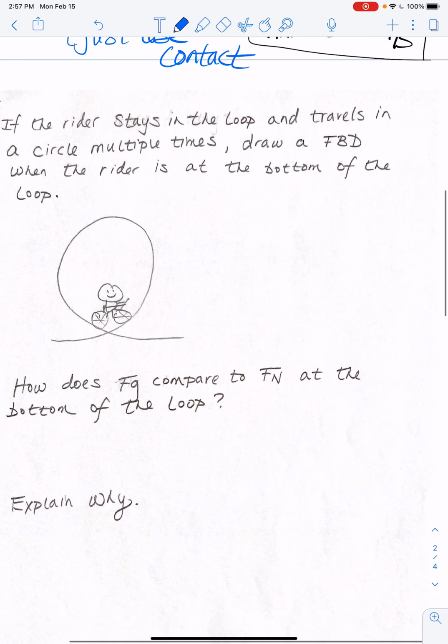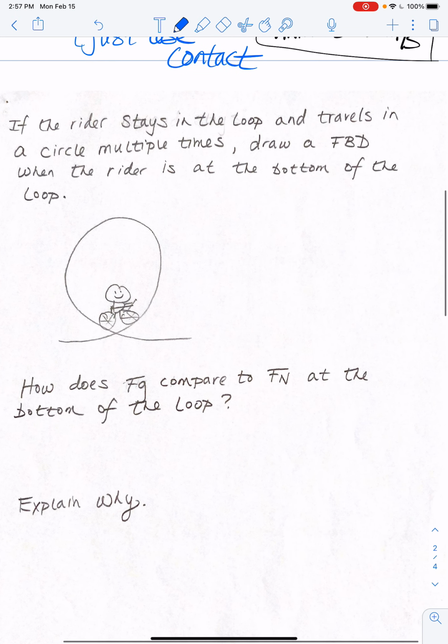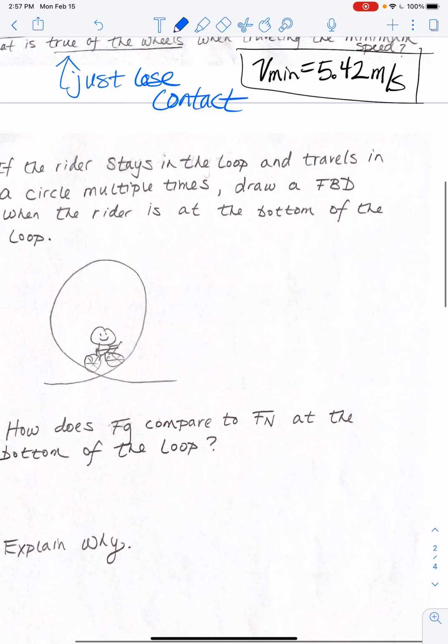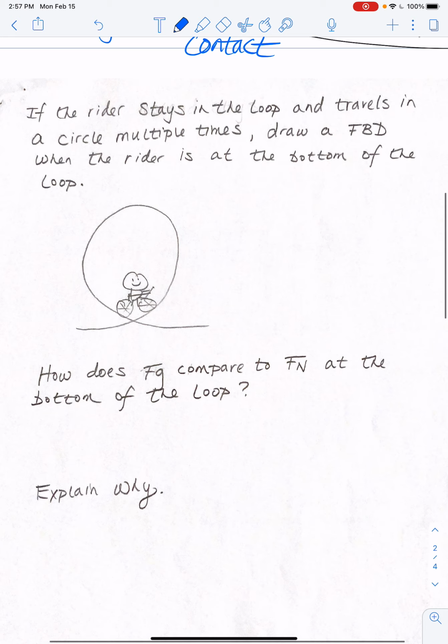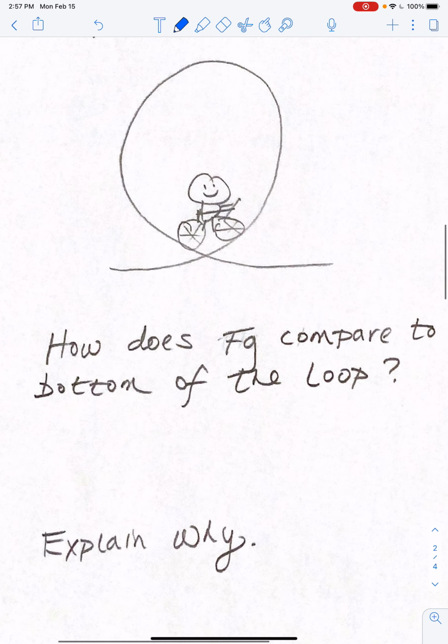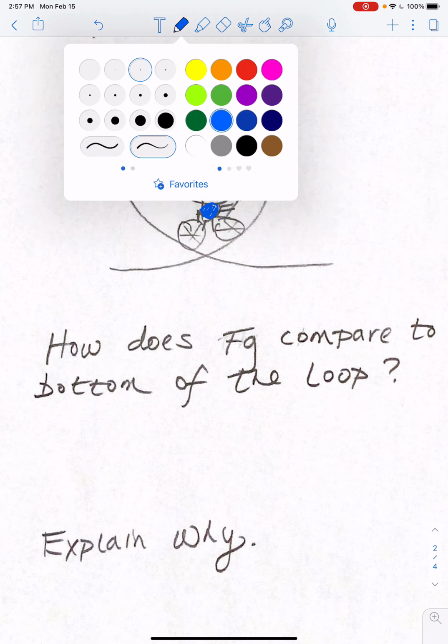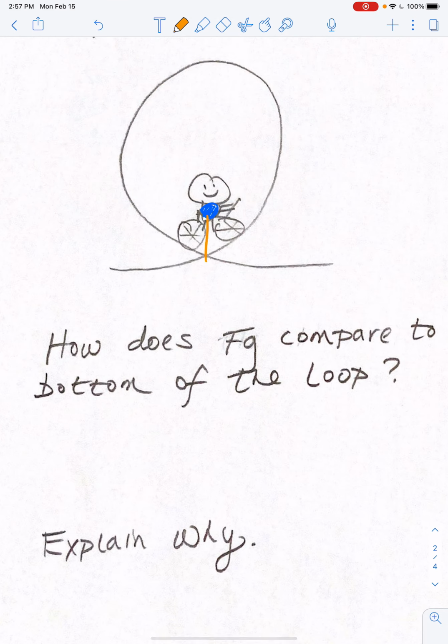Okay. If the rider stays in the loop and travels in a circle multiple times, draw a free body diagram when the rider is at the bottom of the loop. So when the rider's at the bottom of the loop, and this is what I tried to mention before, if we draw our dot here, force gravity obviously is still pointing down and still the same.